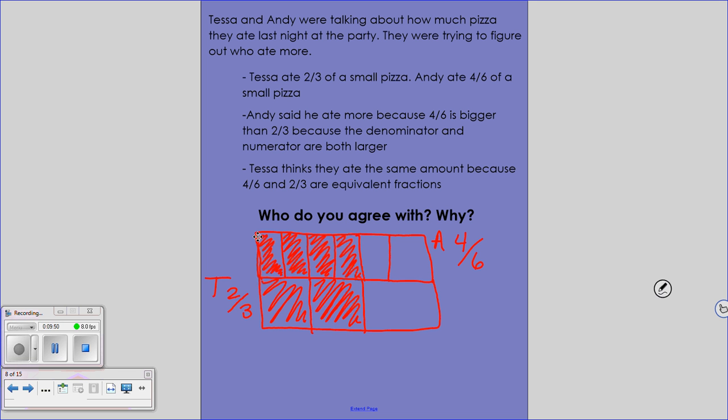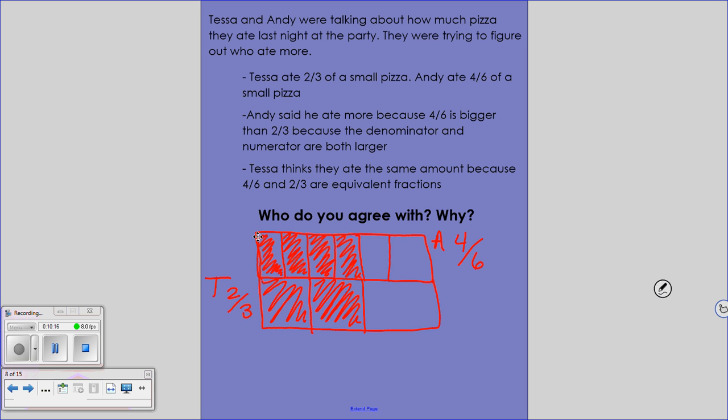Kaylin, question? I was thinking that Andy, because that weren't shaded, but now I'm thinking. I said she had a bigger piece, but they would still equal the same exact amount.